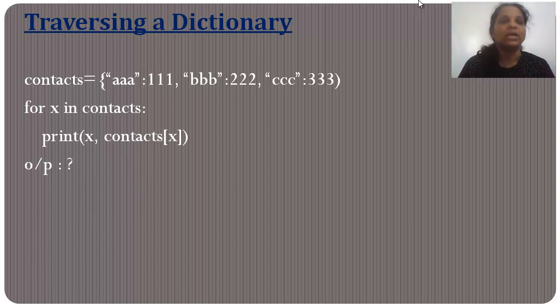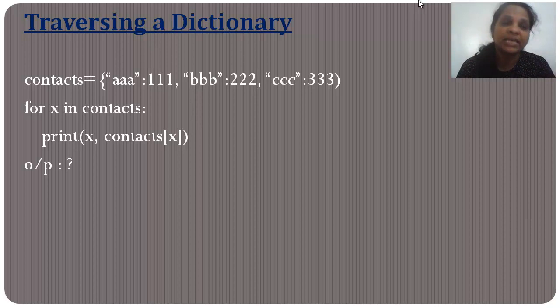Okay, so how do I traverse through a dictionary? The same loop. If I write for X in contacts, what will happen? X moves through each and every key, not value. X gets each and every key of the dictionary as stored in X. So when I say for X in contact, X first picks up the first key, which is AAA.